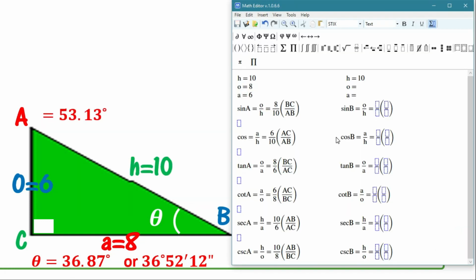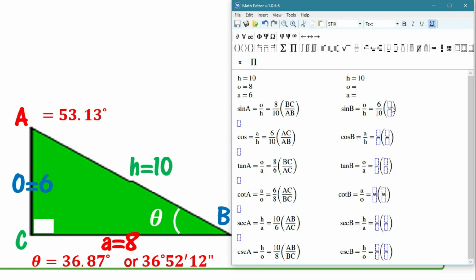Okay, so let us have the sine of B. So, tulad ng dinescuss natin last time, the SOHCAHTOA, for us to get the trigonometric function sine, we have opposite over hypotenuse. So, in getting the sine of B, that is equivalent to opposite over hypotenuse. And in our illustration here, our opposite side is equivalent to 6, and our hypotenuse is equivalent to 10.